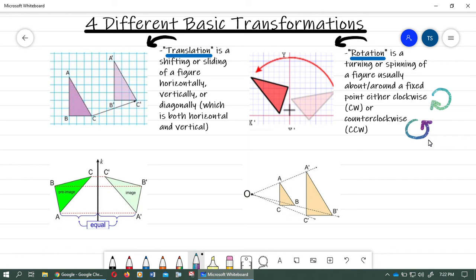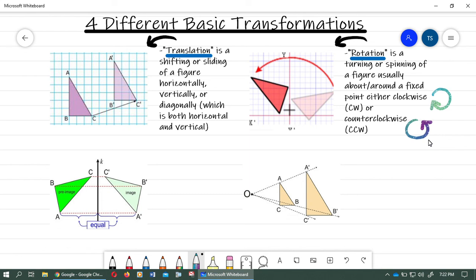Okay, we're not talking about you looking in the mirror, but again, it is sort of like something being reflected in the mirror, because in the mirror it's pretty much going to look the same way, except it's going to be sort of the opposite way. But anyway, it's talking about a reflection over, and usually what we're talking about here is a reflection over a line, okay, over some kind of line.